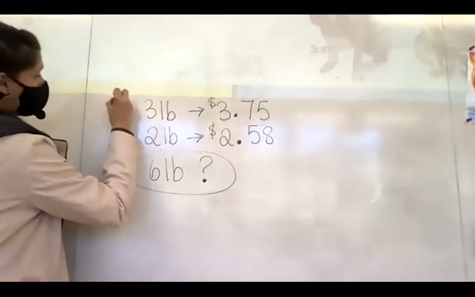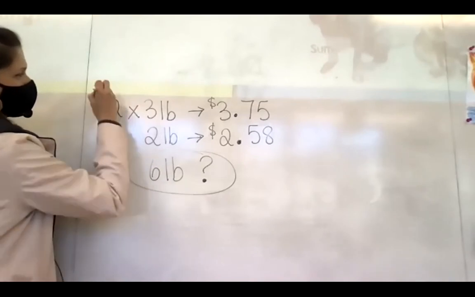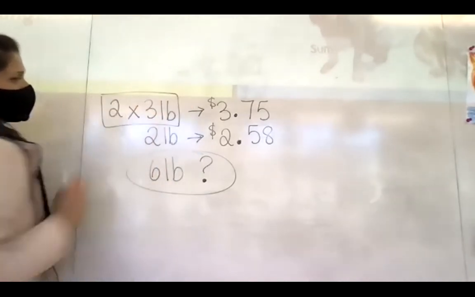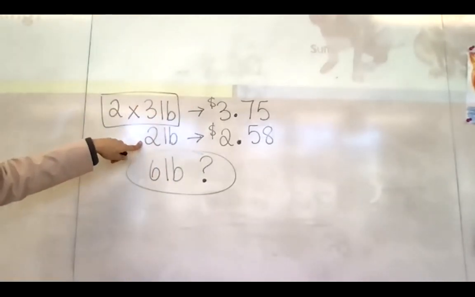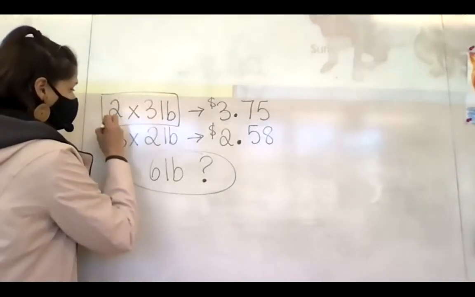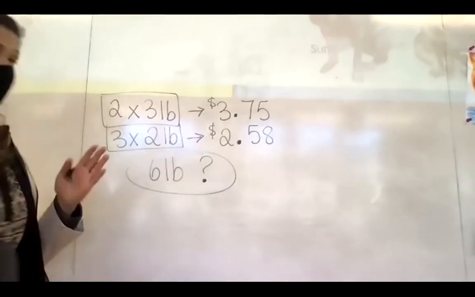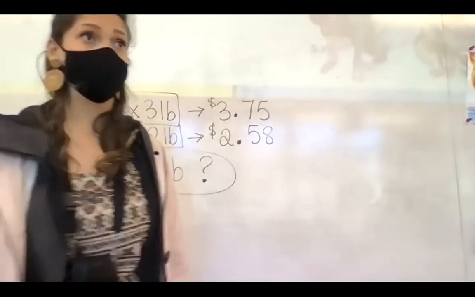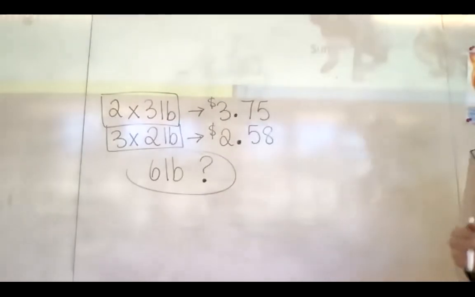So I'm going to have to do 2 times this amount. If I'm buying the 2-pound bags, how many bags do I need to buy? Jordan? 3. So far, I have that step done. Good. Now what do I have to do?